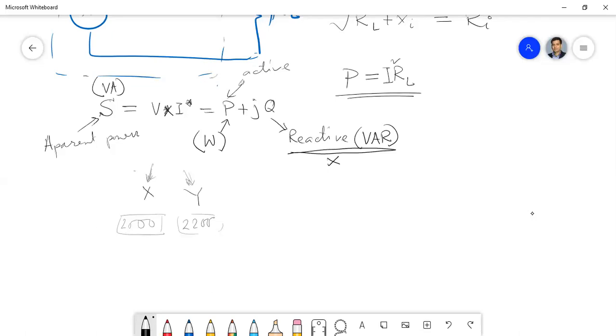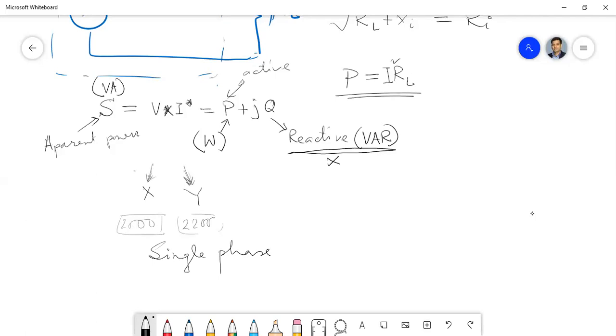If X and Y are fed by two different phases, because as household consumers we are basically single phase consumers, sir will discuss this. In our houses there is one phase, meaning two wires come, one phase and another neutral.